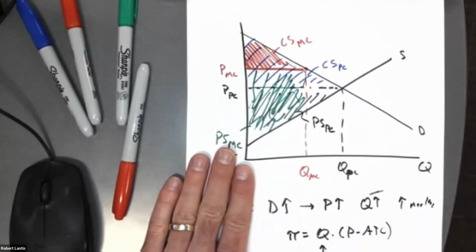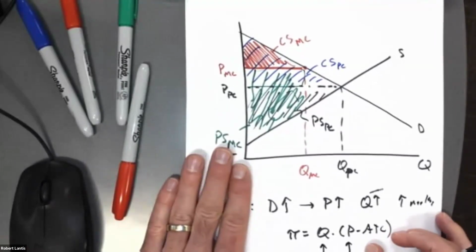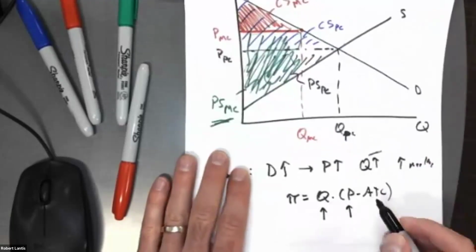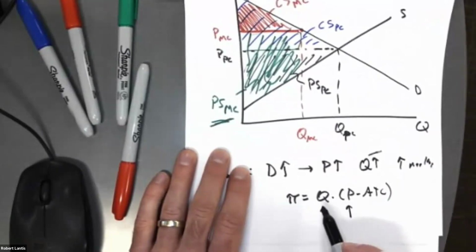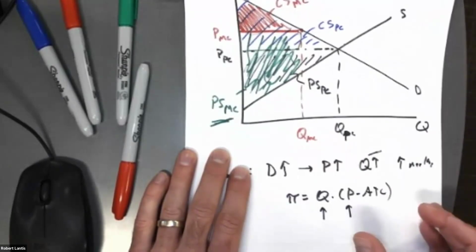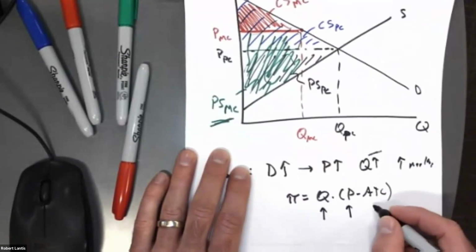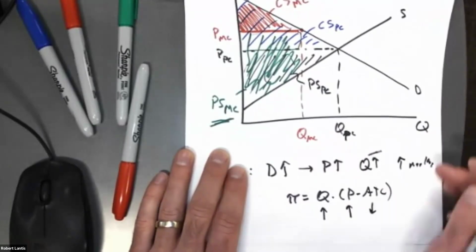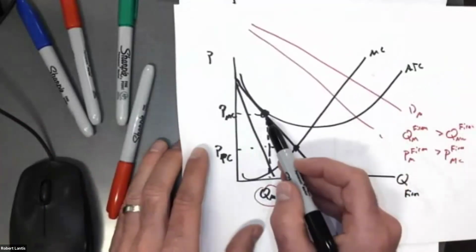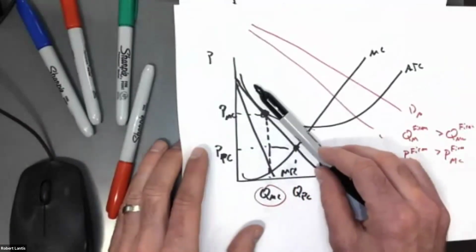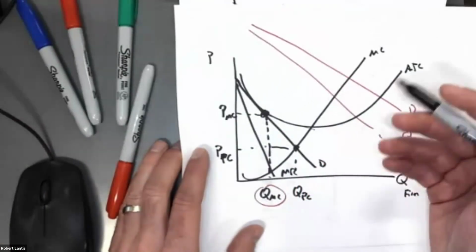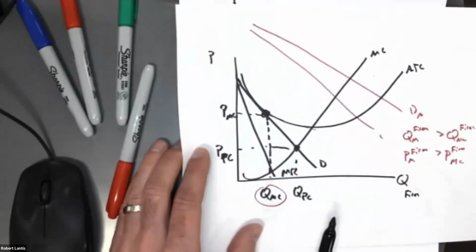So if I increase my quantity, I increase my price, and I keep my total cost the same, maybe I'm moving to a different point on the average total cost curve. If I'm choosing a higher quantity and my total costs remain the same, it should then, at the very least, lower my average total cost. Remember, we said monopolistically competitive firms are operating on a portion where their average total cost curve is still decreasing. So if we see this kind of demand shift upward, the value of profits is going to be higher. Okay.